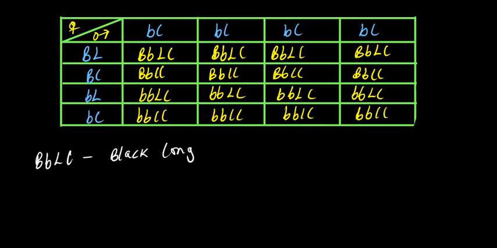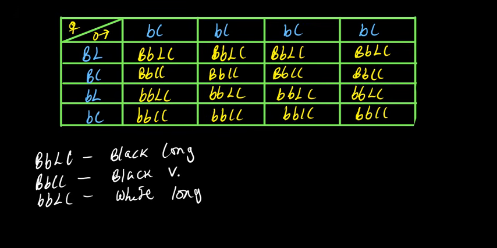So say black, long. Then those with this genotype, these are going to be black and vestigial wings. Then those with this genotype, these are going to be white with long wings. And the last ones, those with this genotype, as you have seen, we have all these genotypes. So these are going to be white with vestigial wings.